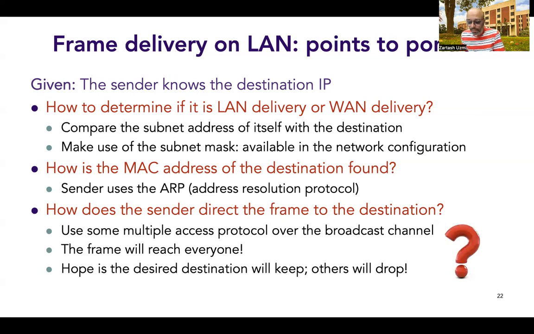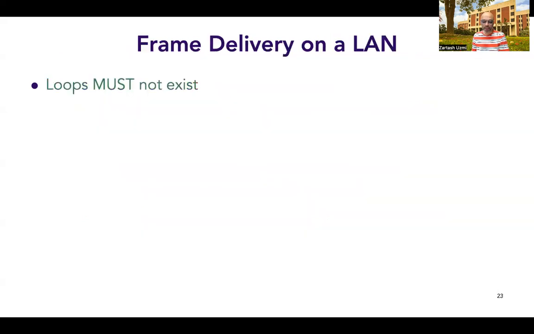Okay. But there are many bigger questions. How do you deliver it to these 20 guys? So how do you make sure that there is a frame delivery on the LAN? First of all, we need to ensure that loops must not exist. We talked about loops not existing in the internet protocol delivery as well.